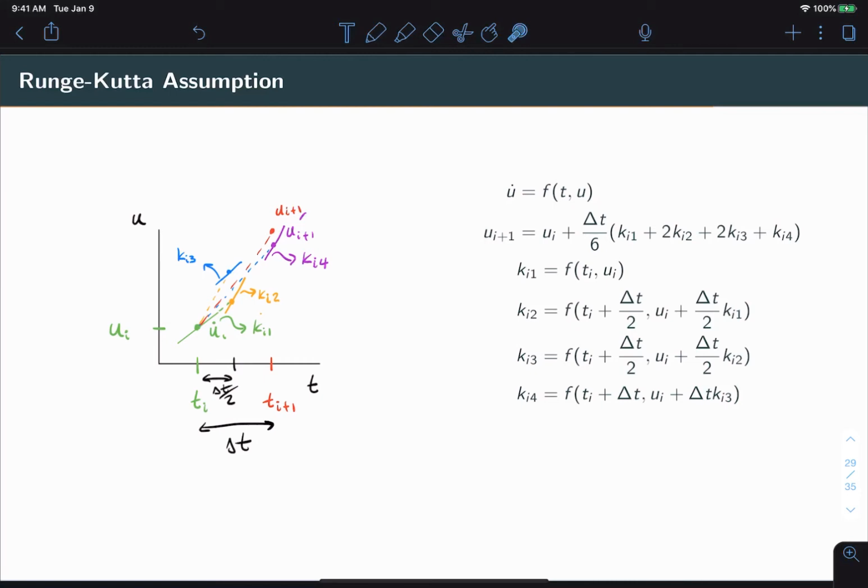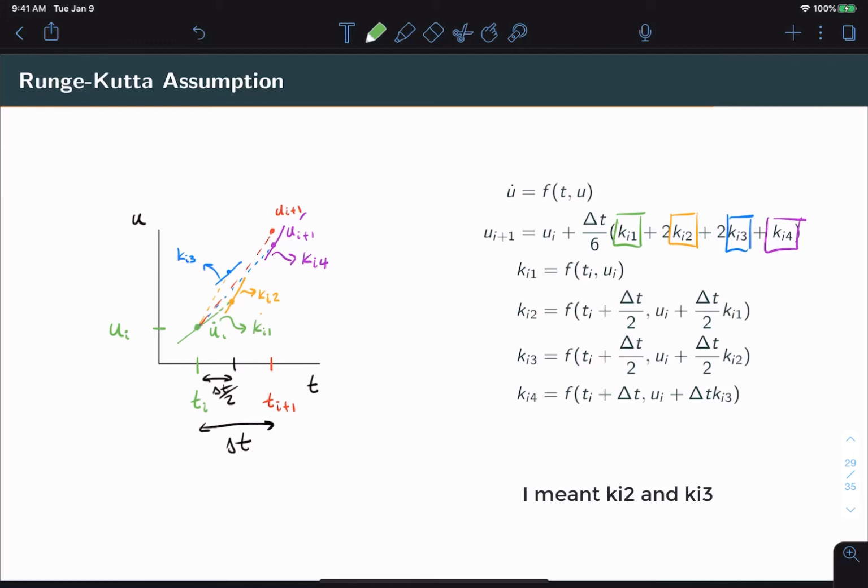And so that is the illustrated version of the equations that we see on the right, where we see that ui plus 1 is again the initial u plus delta t times some weighted average of these four velocities. Notice how the two velocities calculated in the middle, ki2 and ki3, get the larger weights.